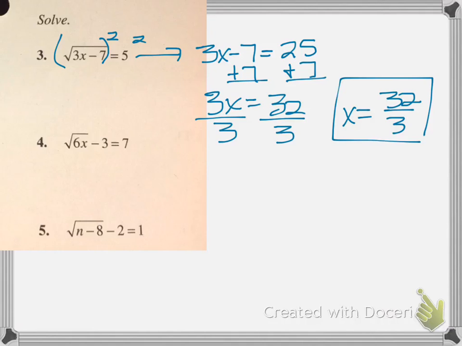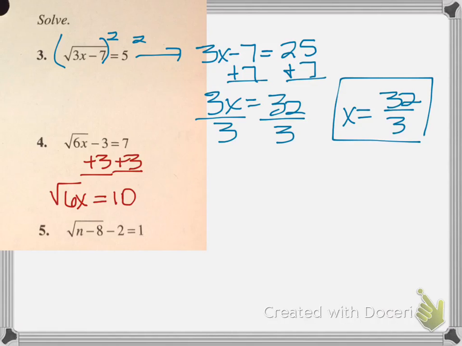Now on this next one, I'm going to have to isolate the radical first, so I need to add 3 to both sides. Once I do this, then I will be able to get rid of the radical sign. So that's going to be square root of 6x equals 10.